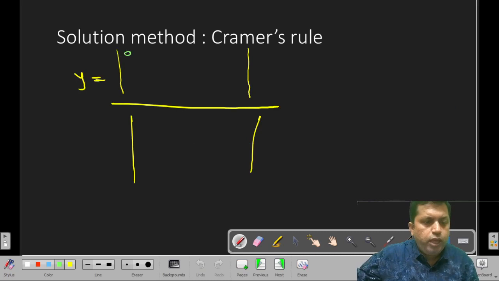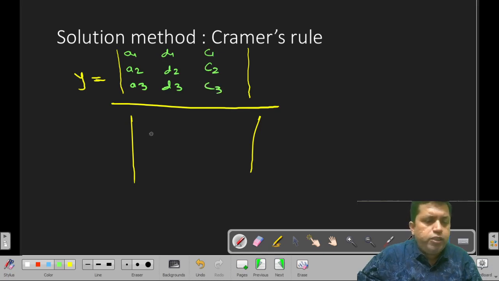So A1, A2, A3 as it is, B1 is replaced by D1, D2, D3, C1, C2, C3 as it is.